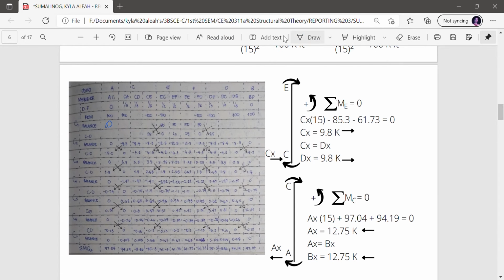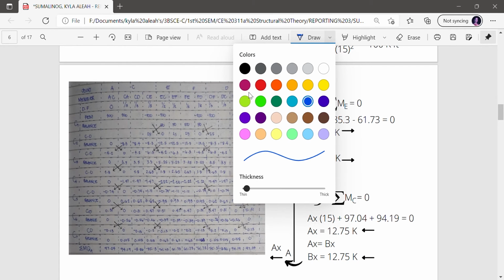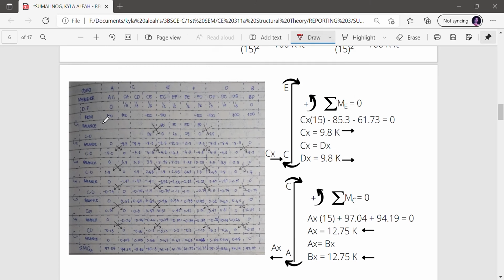Let's change the color into red so we can see it clearly. Again, as I have mentioned, how to get the balance is to add all FEM on that member times the distribution factor.